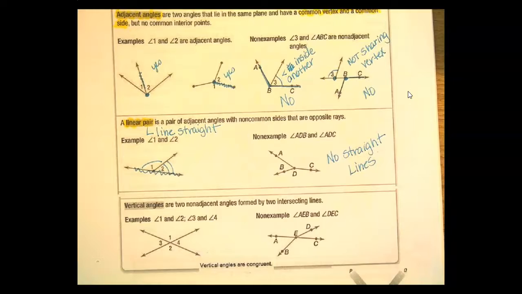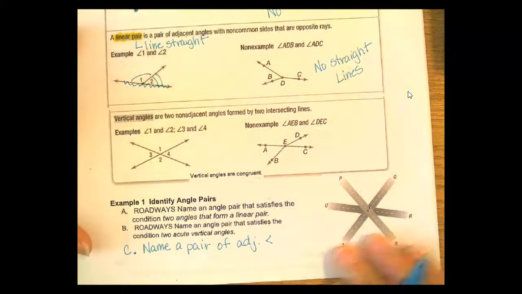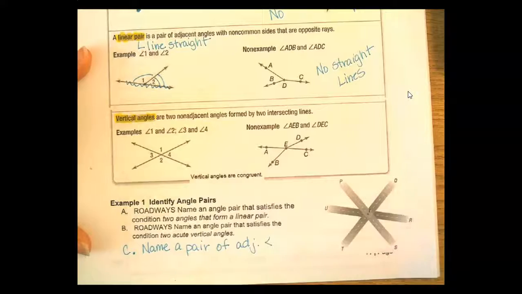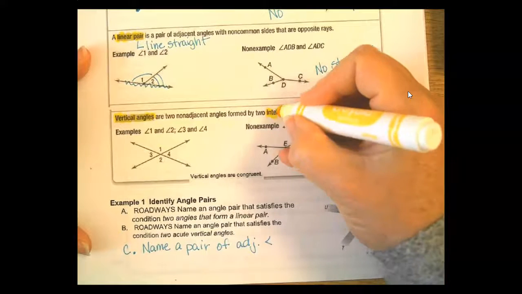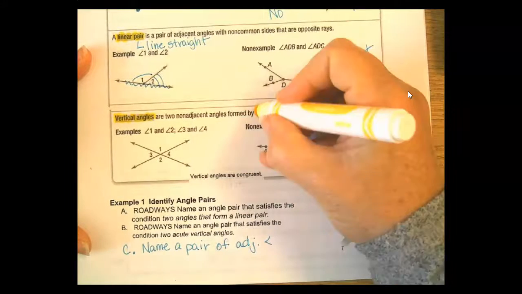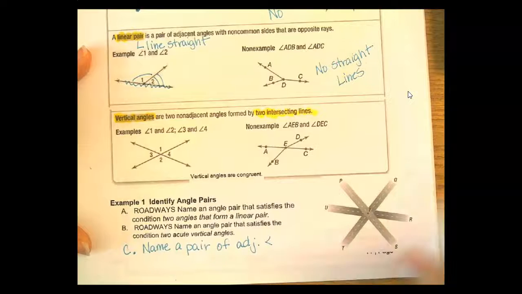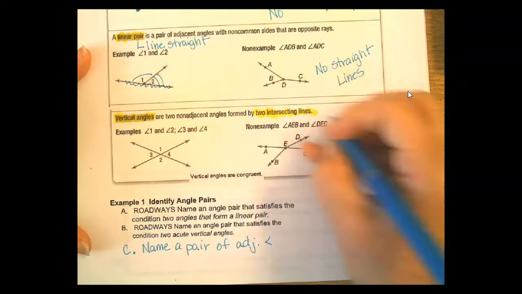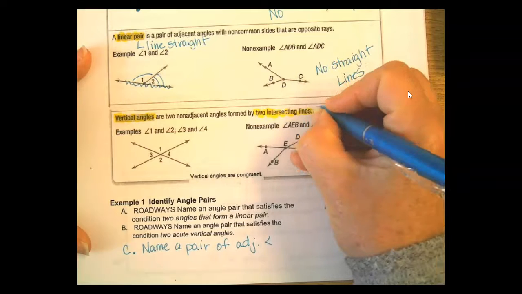Okay, so here, vertical angles. Vertical angles is just two intersecting lines, and they're straight lines.